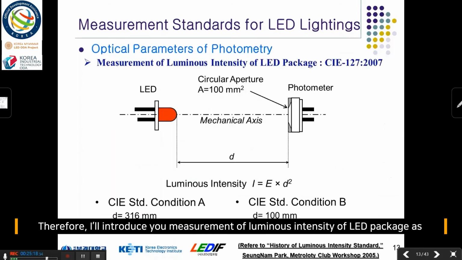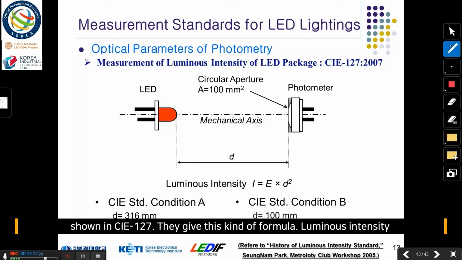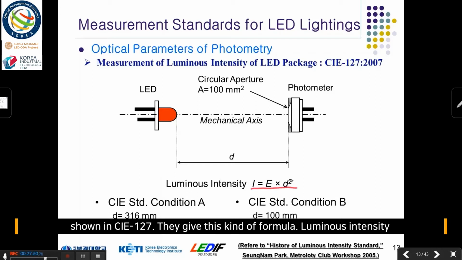Therefore, I will introduce the measurement of luminous intensity of an LED package as shown in CIE 127. They give this kind of formula. Luminous intensity is illuminance multiplied by distance square.